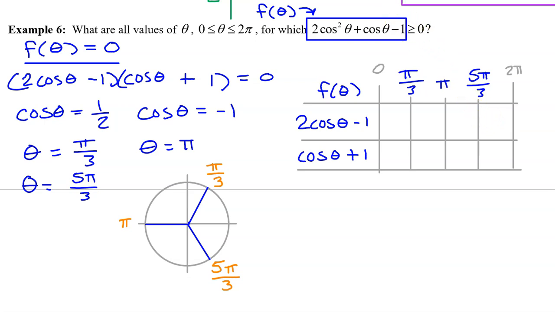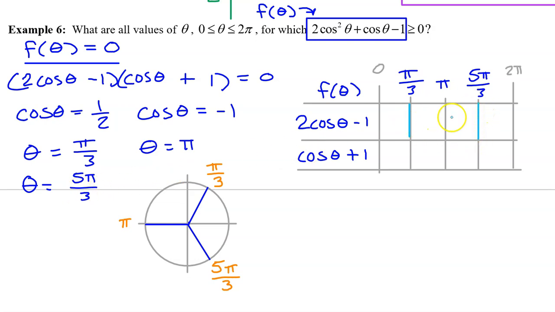It will be helpful if we identify the values that cause each factor to equal 0. So remember that the factor of 2 cosine theta minus 1 led to these two critical values. In other words, 2 cosine theta minus 1 is equal to 0 at pi over 3 and at 5 pi over 3.